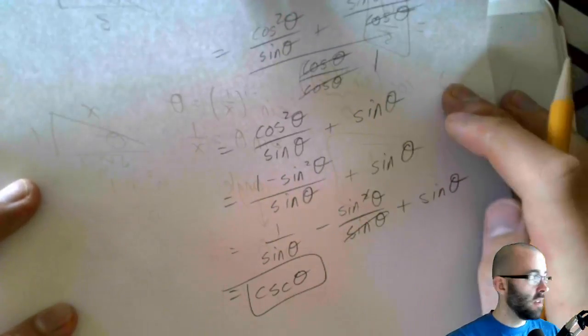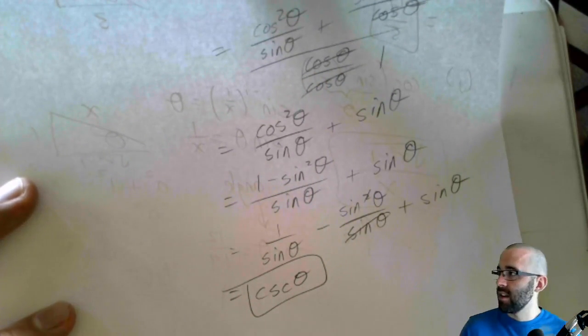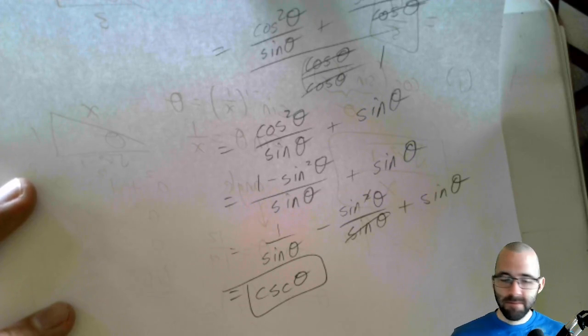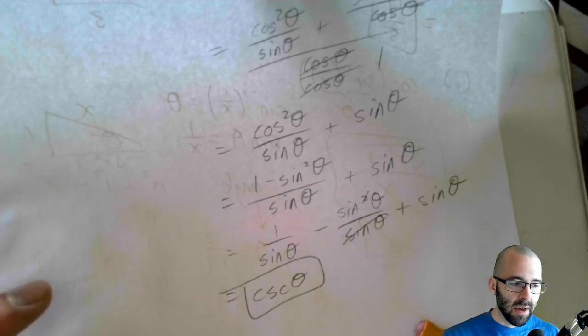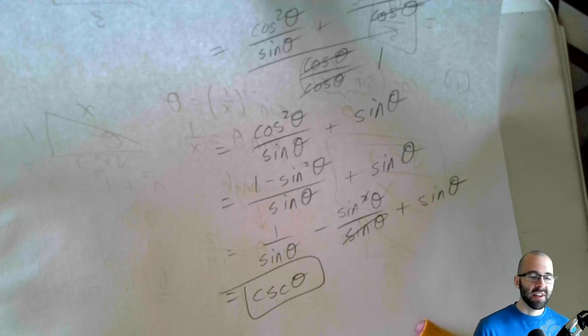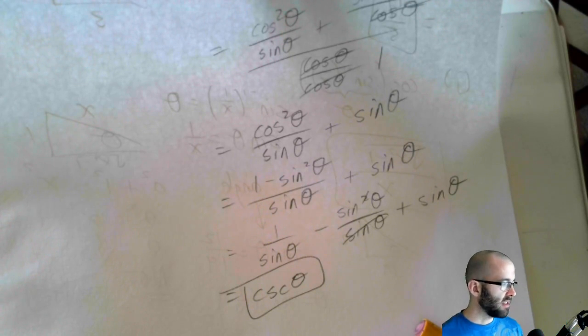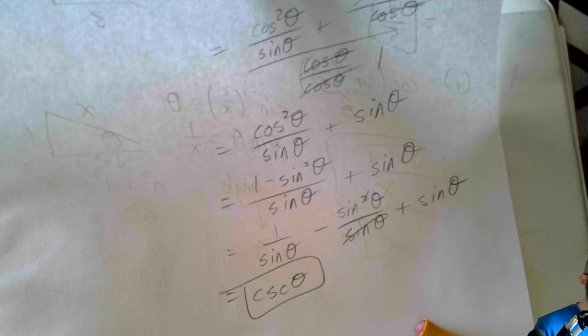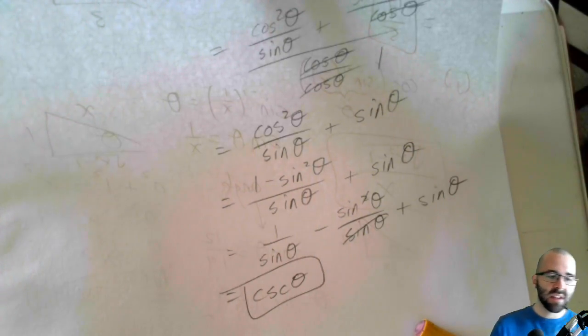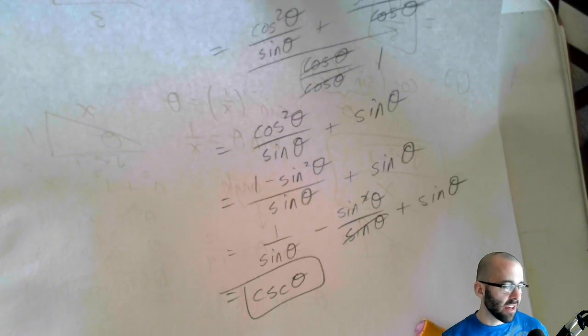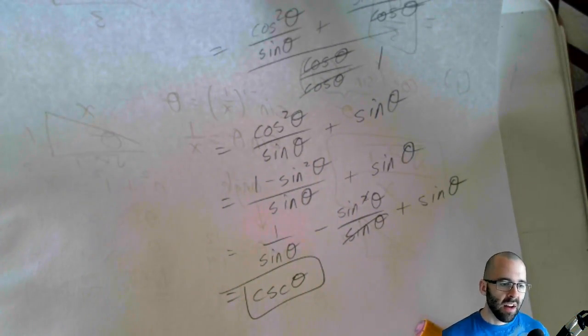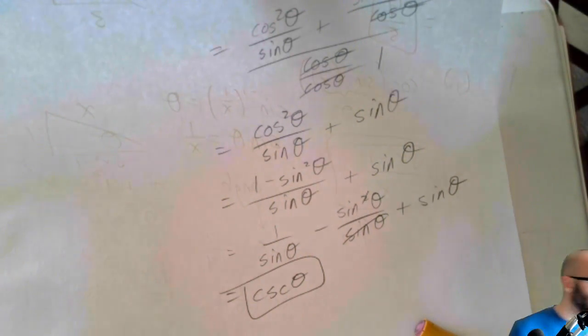Goodness, we just got a big cloud. There goes my lighting. All right. So that's probably the hardest thing that you could see from a simplification standpoint. And most of the difficulty in the simplification and the verification is just algebra, not trigonometry.